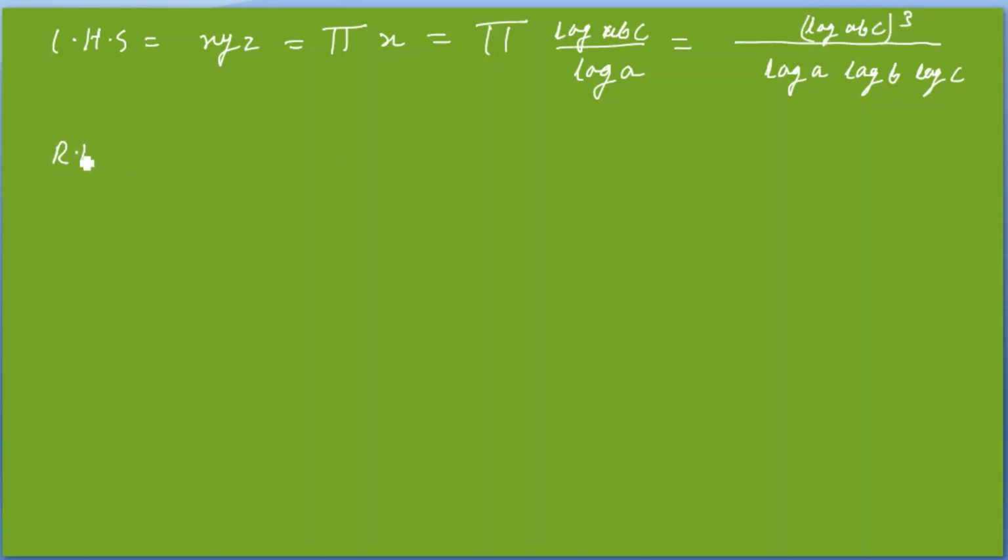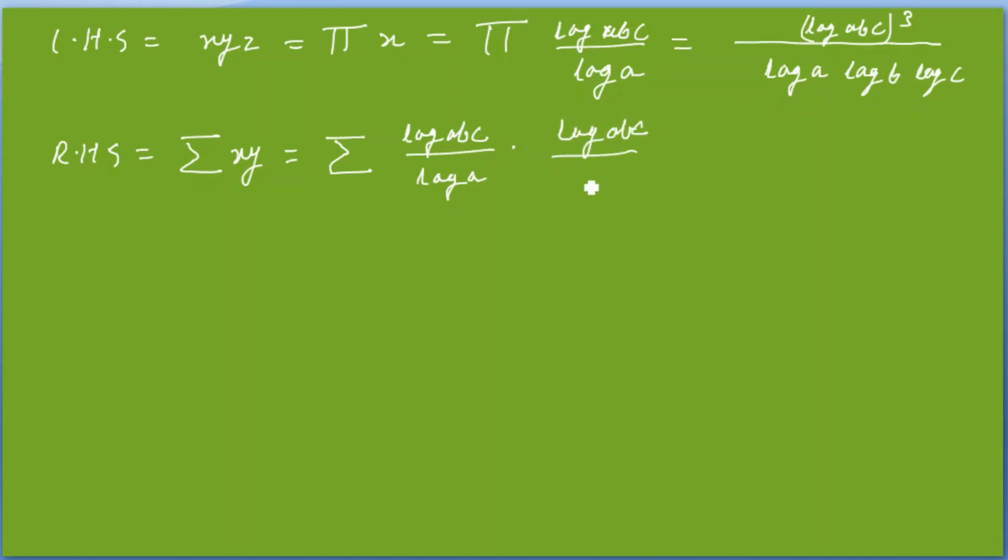Now RHS is equal to summation of xy, and it is equal to summation of, replacing the value of x, log abc upon log a into log abc upon log b, that equals summation of log abc whole square upon log a log b.